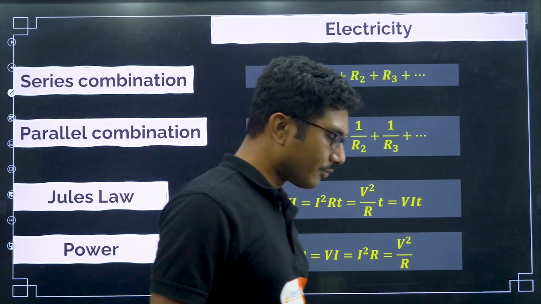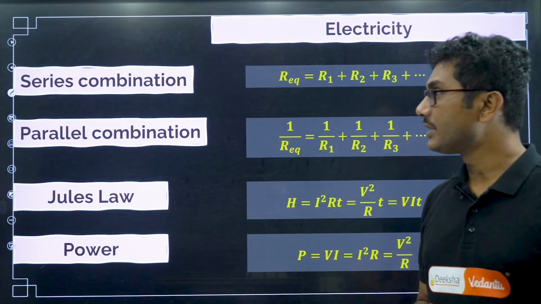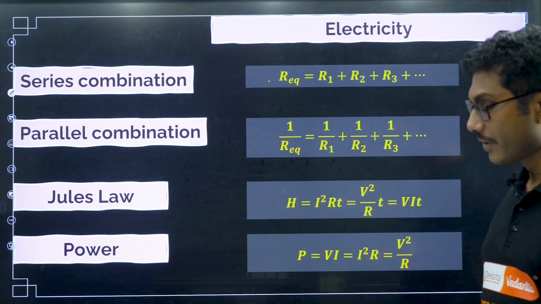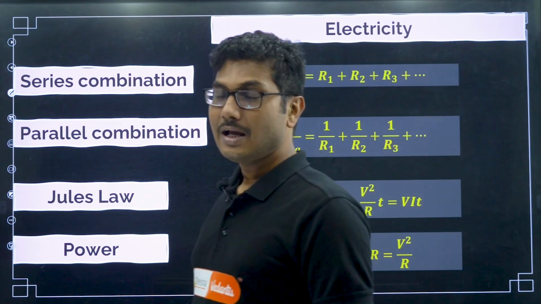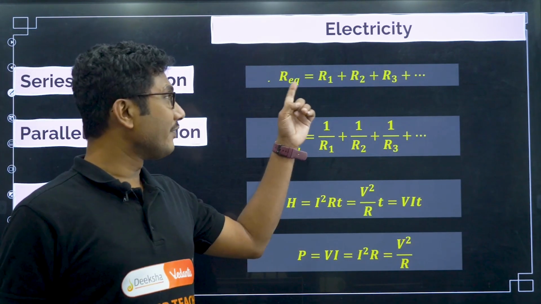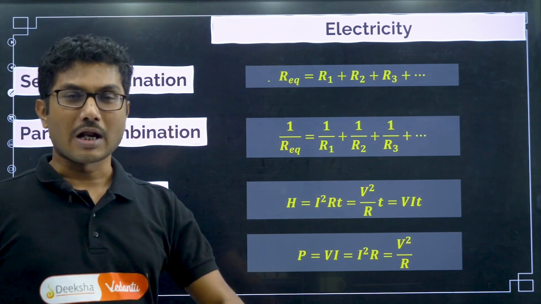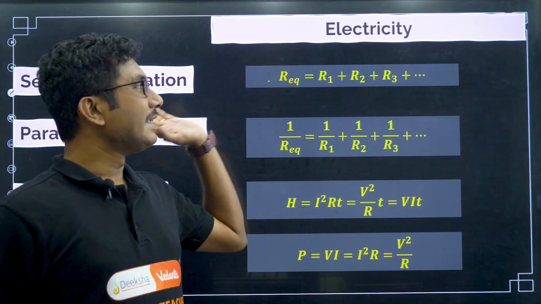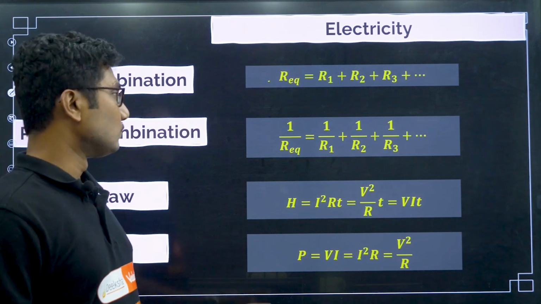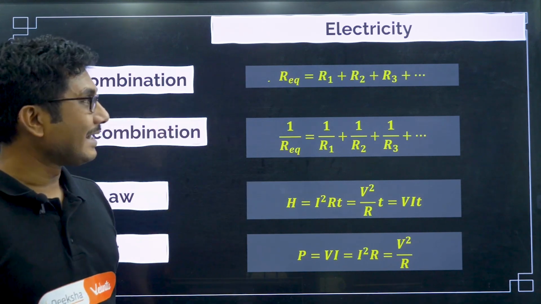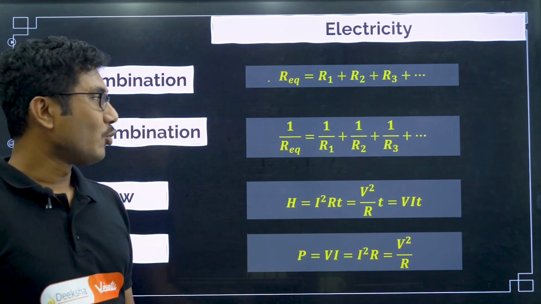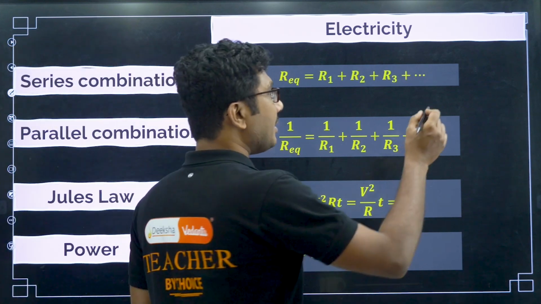Now we have combination of resistances, right, series combination where all the resistances are added one by one. So, R equivalent is given by R1 plus R2 plus R3 plus dot dot dot. No matter how many resistances are in series, they can be simply added like this. When the resistors are connected in parallel, okay, series and parallel, I hope you remember the circuit.